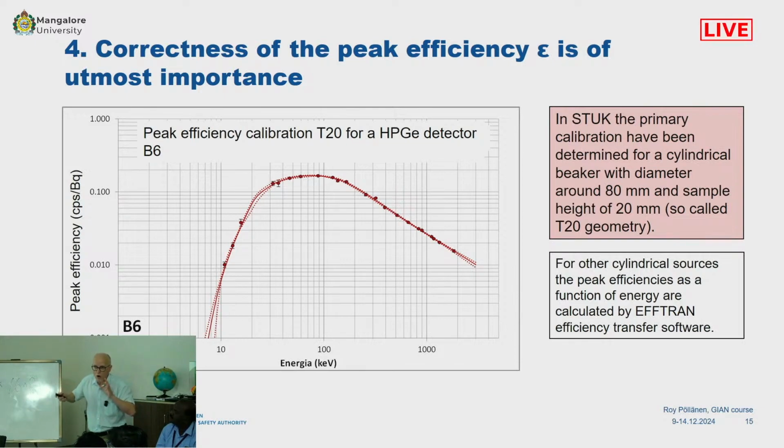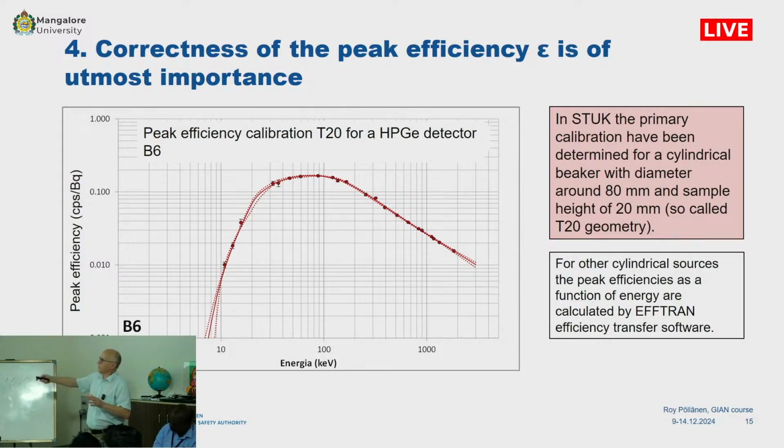but there is no radium nuclide in the original sample. We got this sample from NPL. It's a primary standard laboratory in Great Britain. They know the activities of nuclides very well, and there is no radium in that sample.